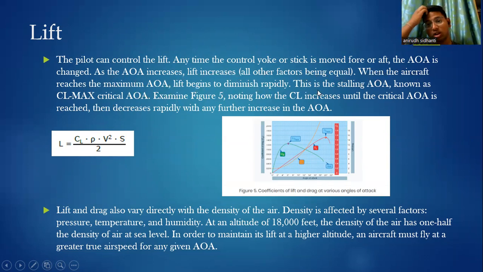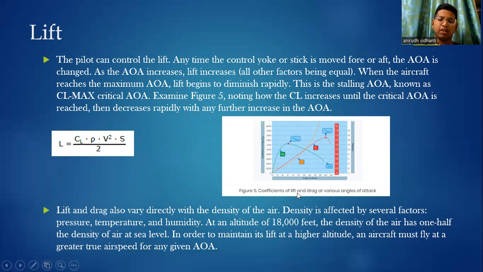This is called stalling, and the angle of attack is known as CL max, the critical angle of attack. Examine figure 5. Notice how the CL, the coefficient of lift, increases until the critical angle of attack is reached, then decreases rapidly with further increase of the angle of attack.